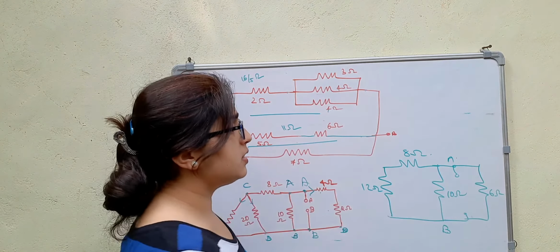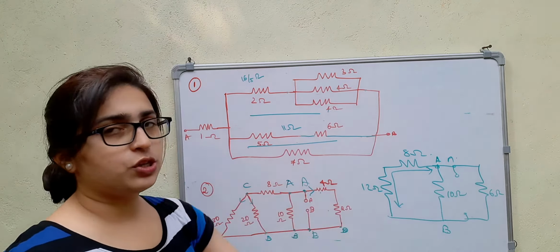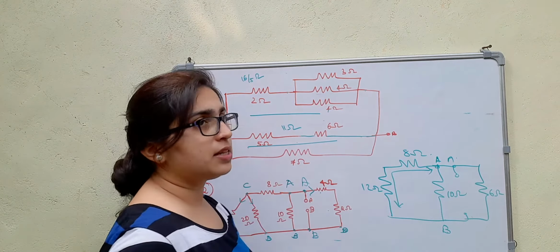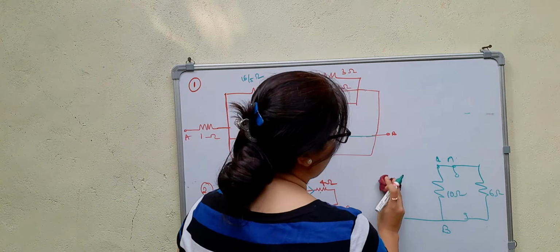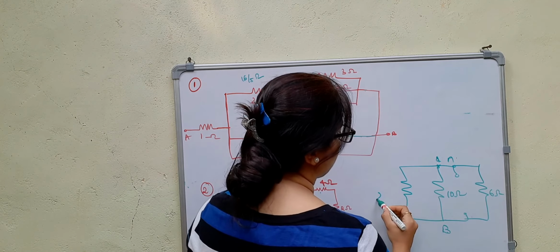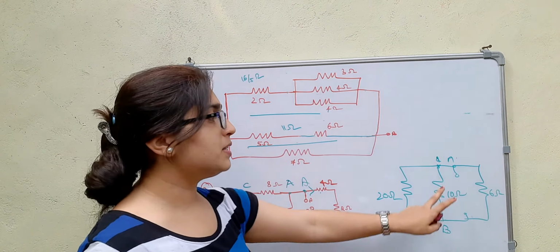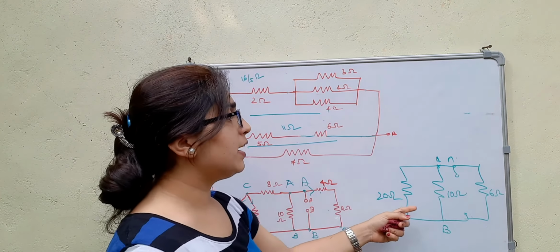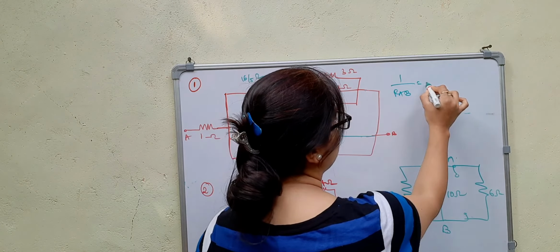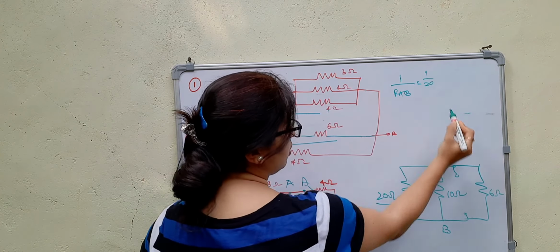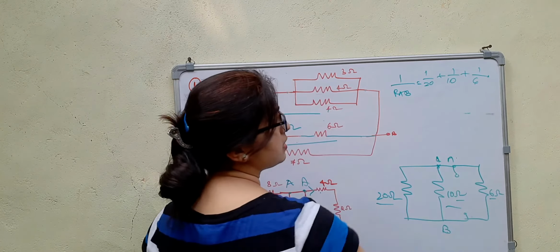So see here, this is in between A and B, and this is in between A and B. That means here also there is no division of current, so this 12 and 8 ohm can be considered as resistances in series. So 12 plus 8 is 20 ohms. All these three resistors are connected in between A and B. That means the current divides here, so it will be parallel. So 1 by RAB is equal to 1 by 20 plus 1 by 10 plus 1 by 6.